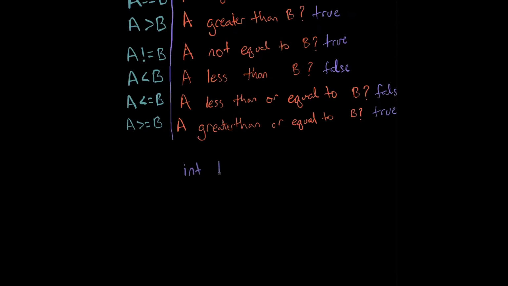For example, let's say you write int A is equal to 100, followed by int B is equal to 10.